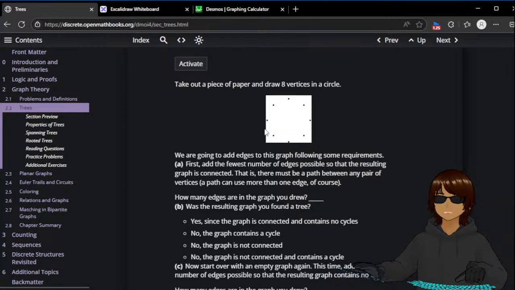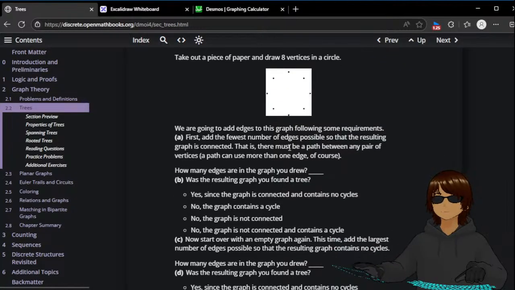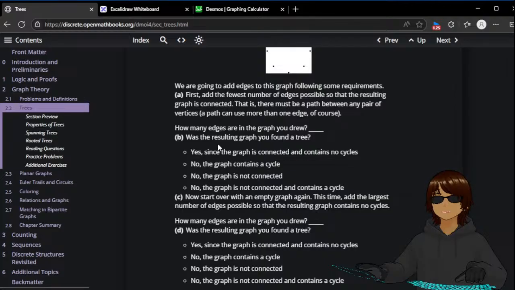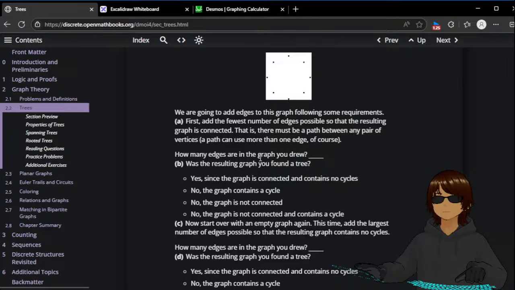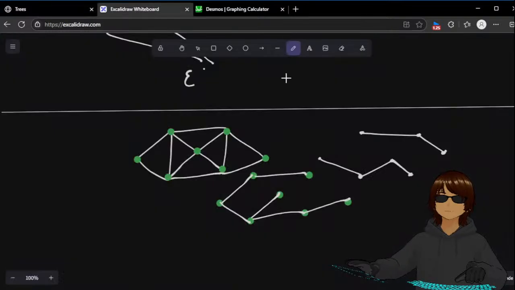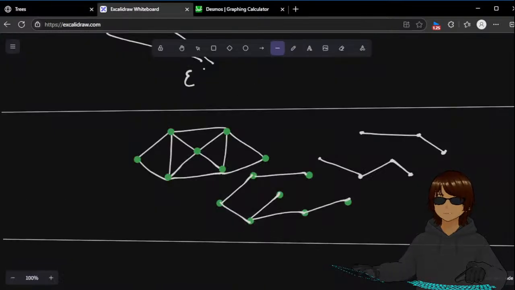So they said 8 vertices, right? 1, 2, 3, 4, 5, 6, 7, 8. Yeah, so there are 8 edges. Was the resulting graph you found a tree? No, the graph contains a cycle. Oh, sorry, wait. Hold on.